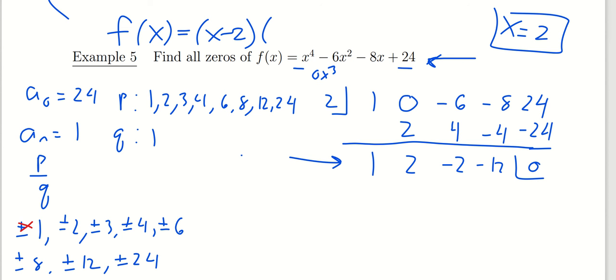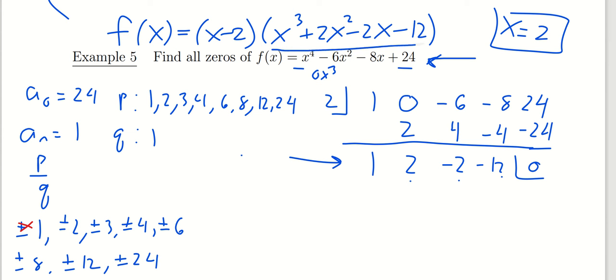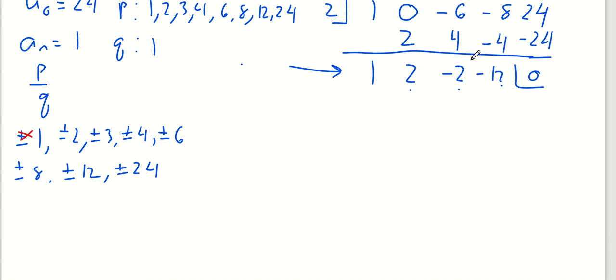Remember, it goes from right to left: constant, x squared, x cubed. So we would have x cubed plus 2x squared minus 2x minus 12 right now. To find the remaining zeros, we want to work with this piece here. And so now this will be the part that we're going to perform synthetic division on.